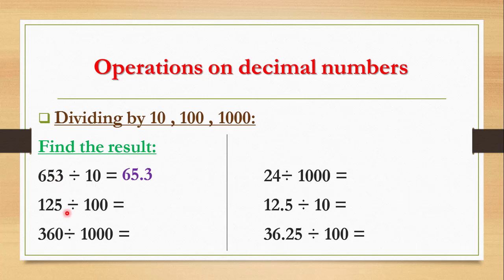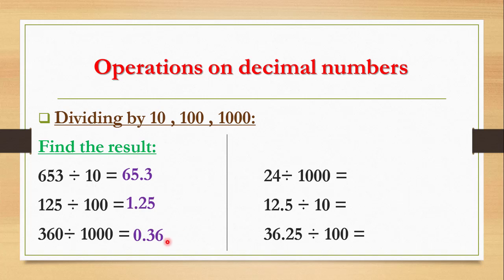By the same way, 125 divided by 100. In this case, I'll count 2 places, so 1.25. What about 24 divided by 1000? I'll count 3 places, 1, 2, 3, and put the decimal point.